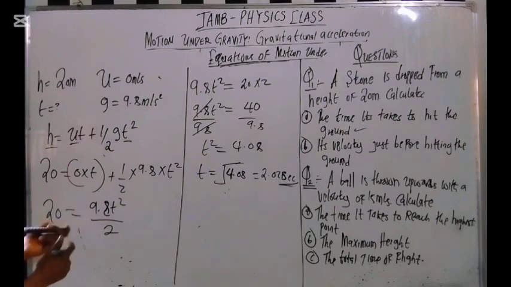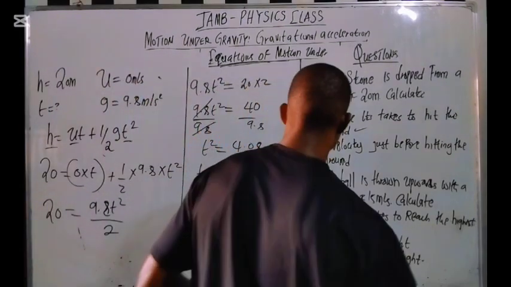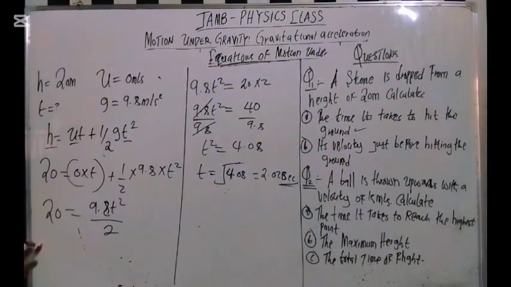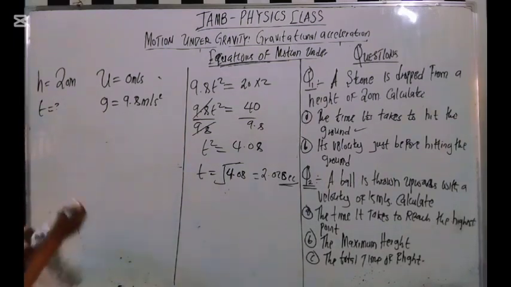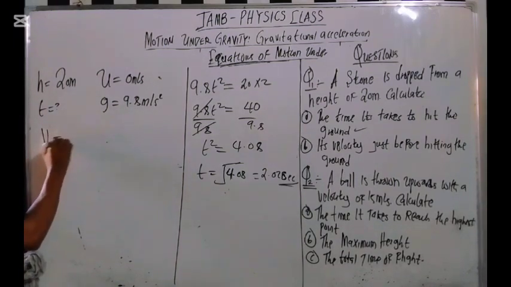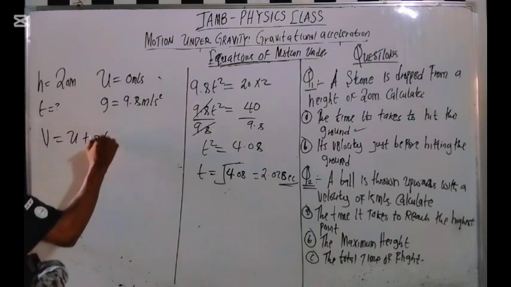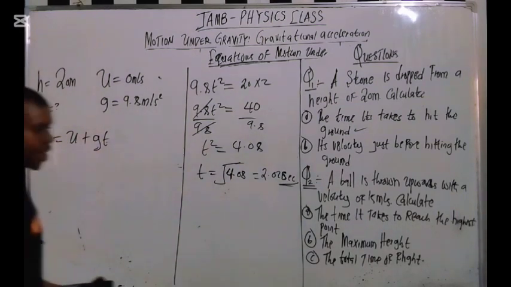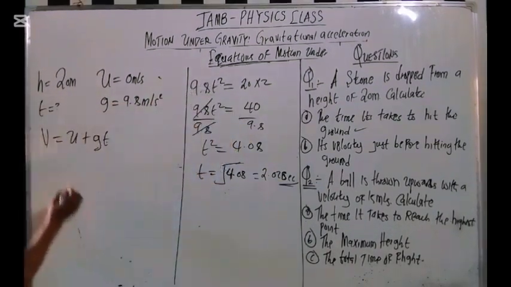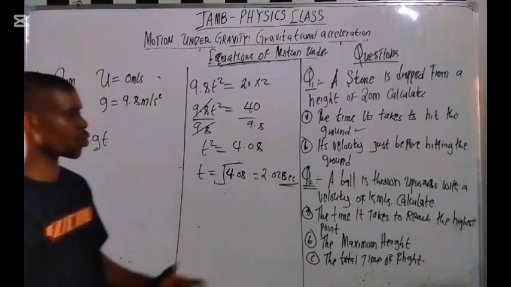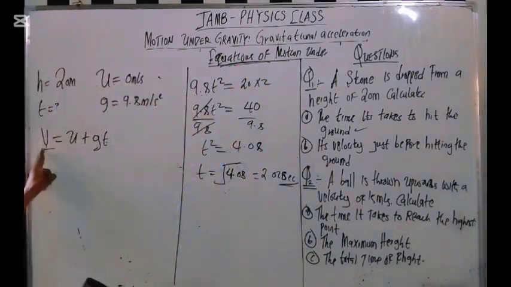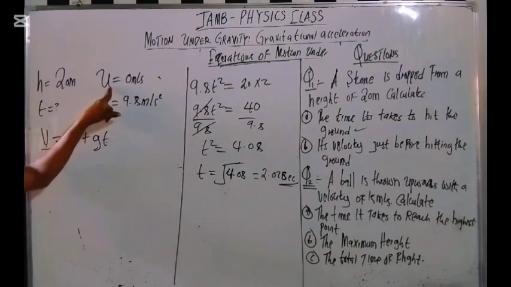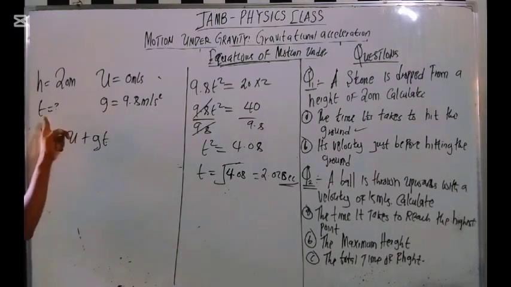This time I'm going to use the first equation, V equals U plus gt. Why? They ask you to calculate the final velocity before it reaches the ground. So here we have U, g, and we have calculated t.